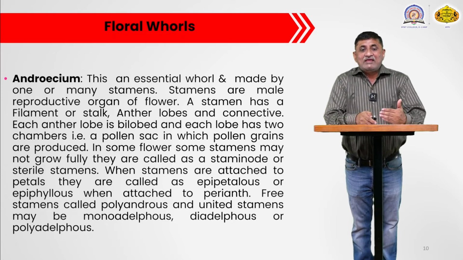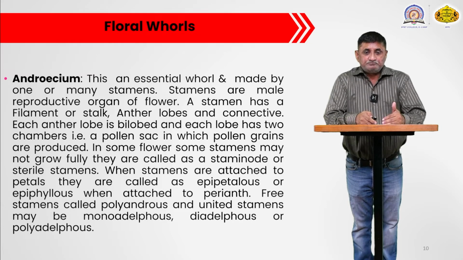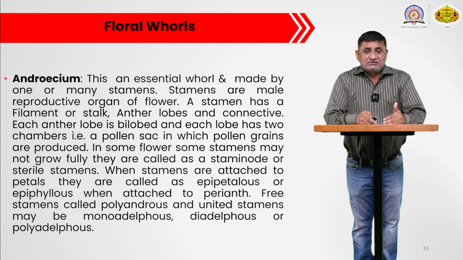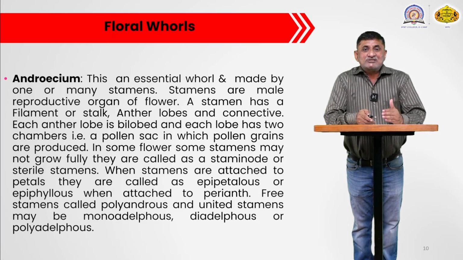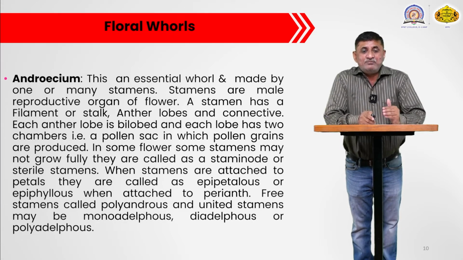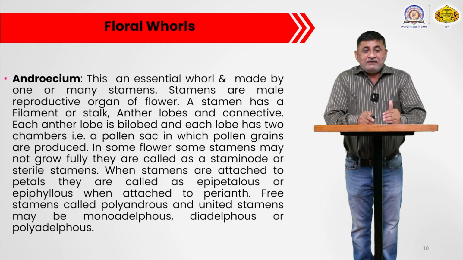A stamen has a filament, a stalk-like elongated structure, anther lobes at the tip of the filament, and a connective. This connective is a mass of tissue that holds the two anther lobes together at the tip of the filament. Then each anther lobe is bilobed.